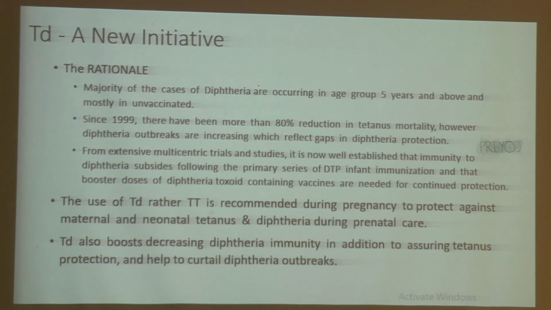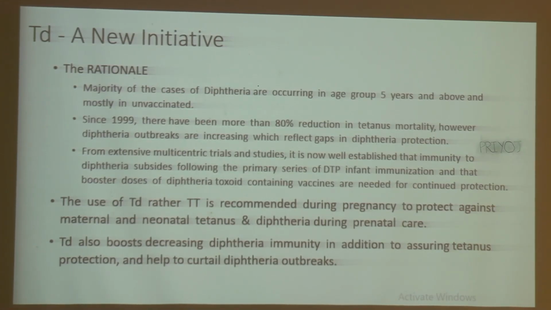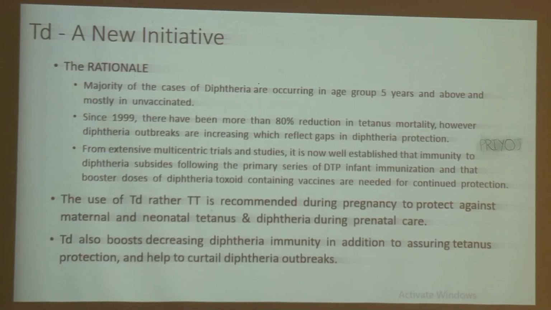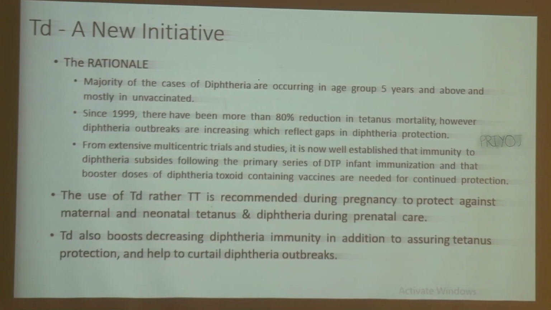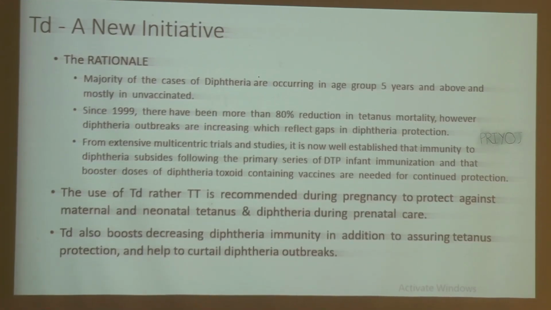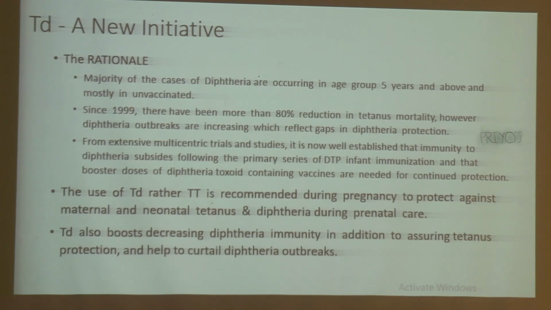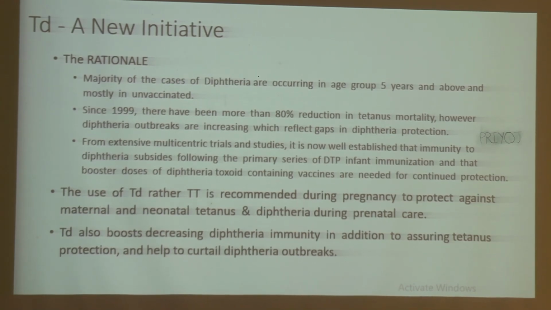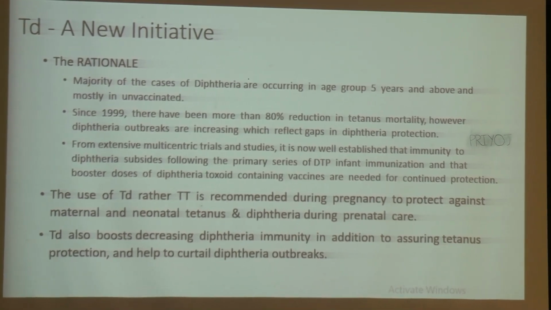From extensive multicentric trials and studies, it is now well established that immunity to diphtheria subsides following the primary series of DTP vaccination, and that booster doses of diphtheria toxoid contained vaccines are needed for continued protection. Anyone can answer what is the maximum age of giving DPT booster or any DPT vaccination? 7 years.